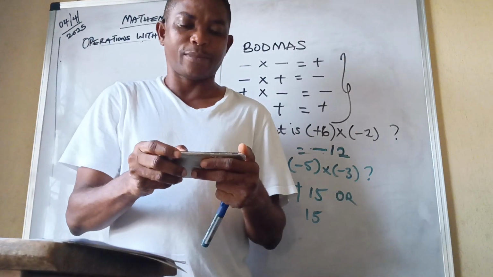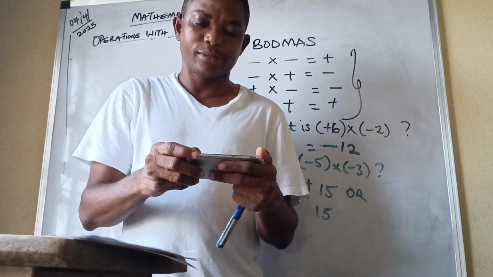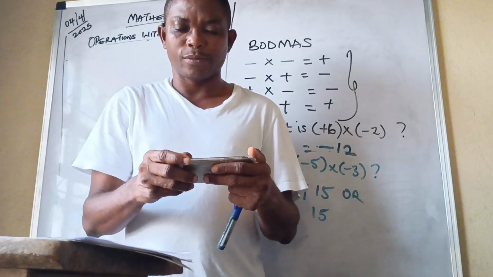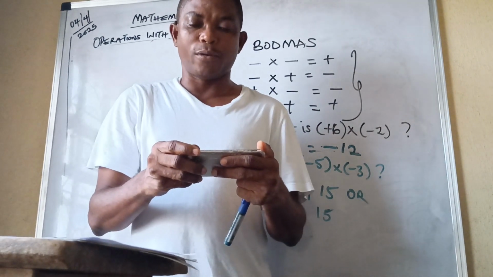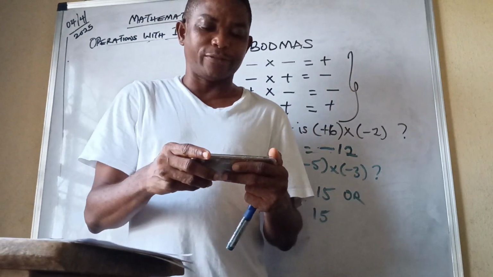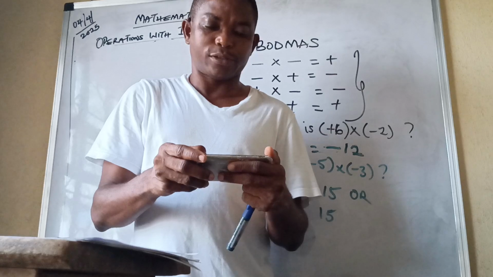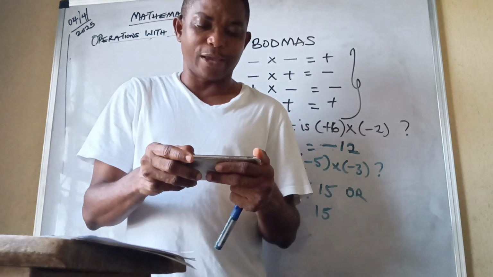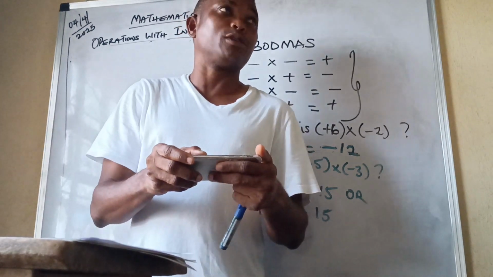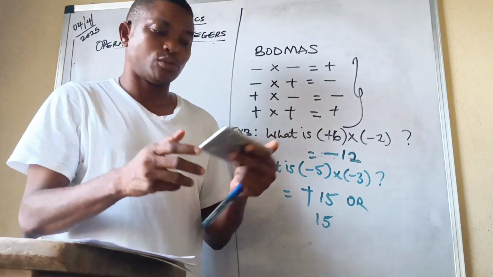Step 2 is now saying find the value of parts in bracket, exponents and roots. See lesson 24. We shall move to that later. Multiply or divide, working from left to right. Next step, add or subtract, working from left to right. Multiply or divide according to BODMAS.